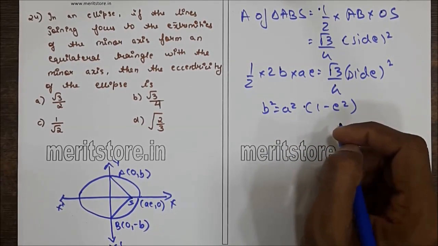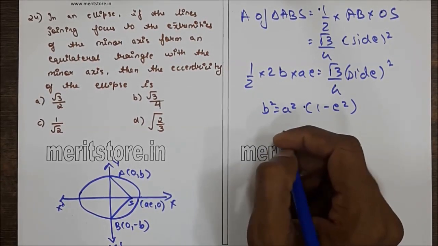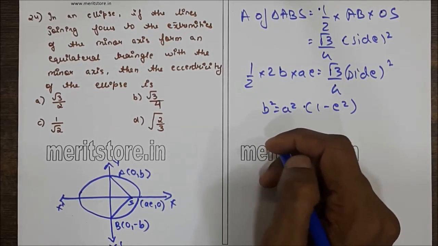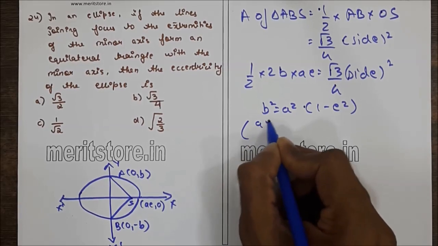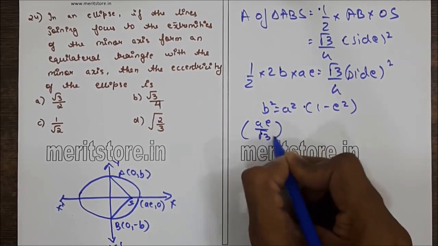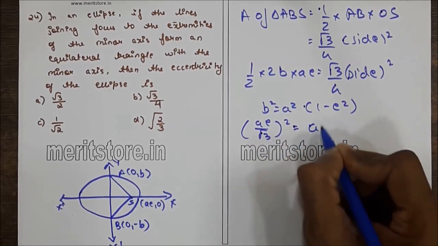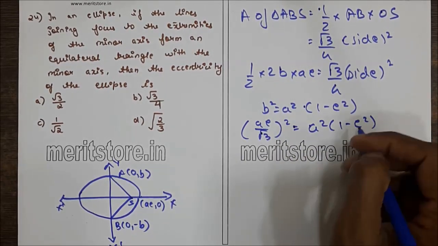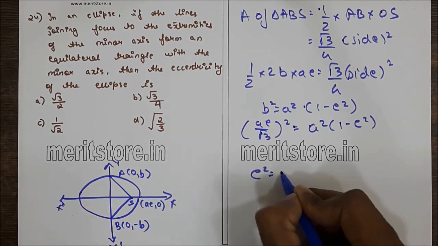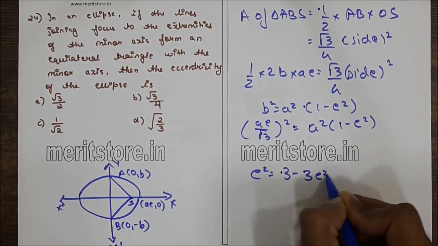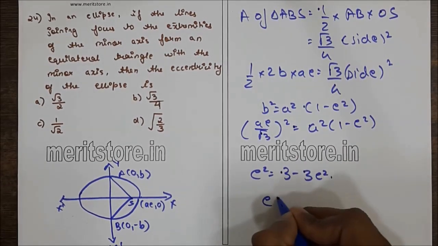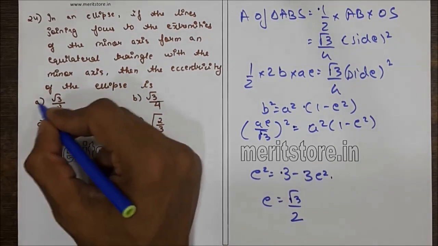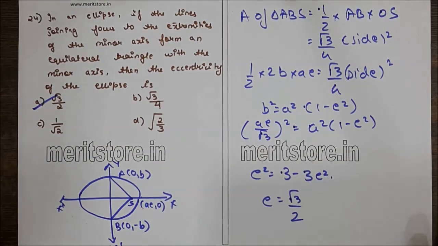So we can substitute the value of b, or we can solve this further as (ae upon root 3) the whole square equal to a square into 1 minus e square. Solving this, we get e square is equal to 3 minus 3e square, where we get e is equal to root 3 upon 2, which is our option A. Therefore, option A is the correct answer.